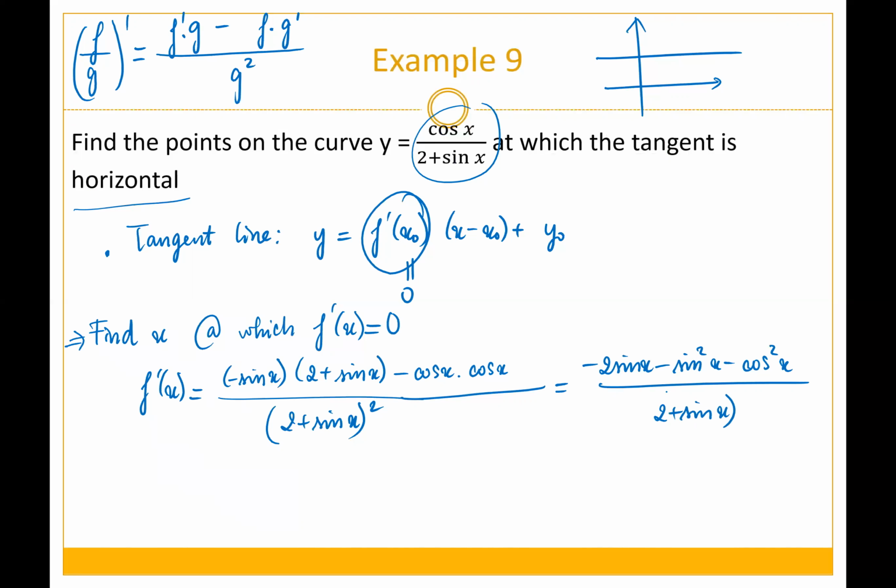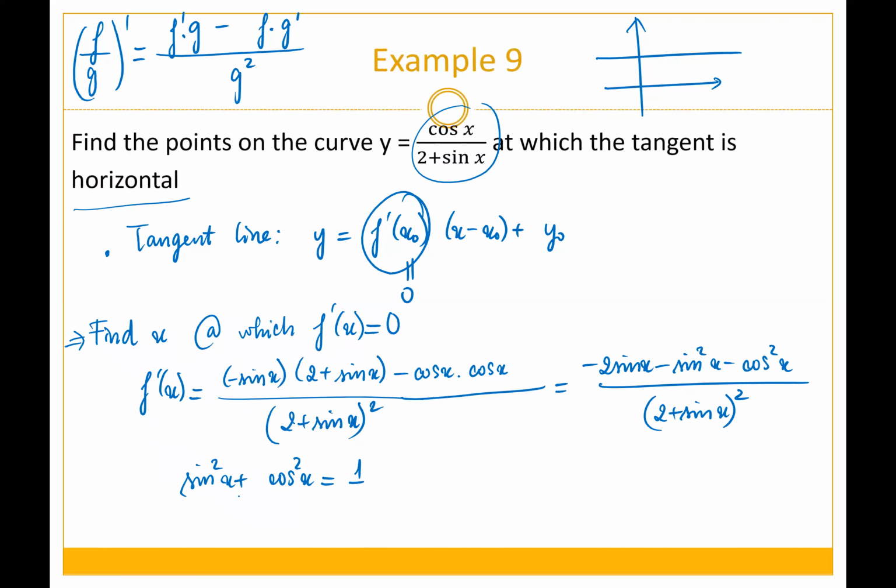Another thing I want to show you is something you might be familiar with from high school or whatever math you took before: sine squared plus cosine squared is equal to 1. If you haven't seen this before, it's one of the very old mathematical identities in trigonometry, so it's a very good thing to know.